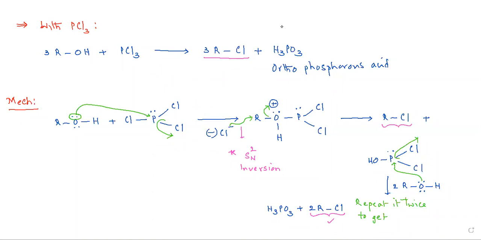See here, I have an important point for you. PCl3 can be directly used but not PBr3 and PI3. See, because these are unstable. They cannot be used directly.